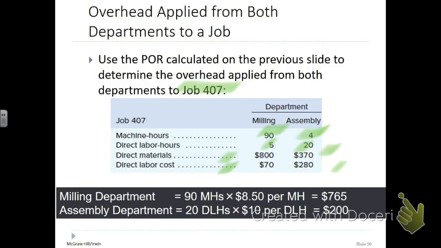So notice the milling department used 90 hours at $8.50, and the assembly department used 20 direct labor hours at $10, for $200. Notice the fact that they used the machine hours, and those are probably going to be irrelevant.